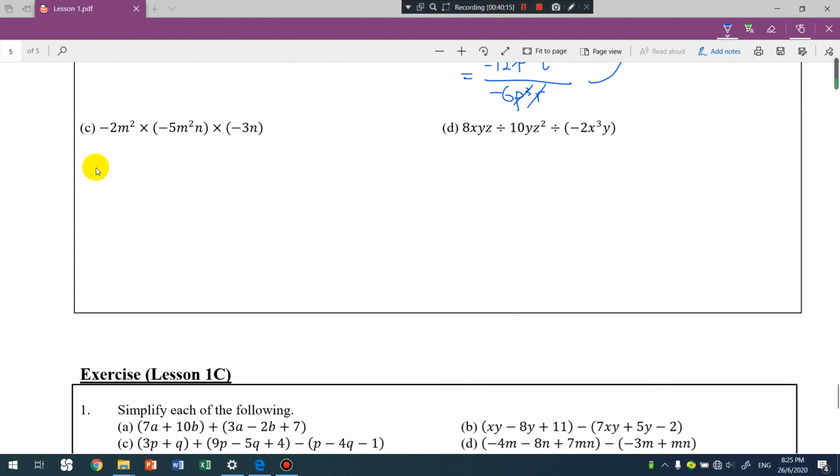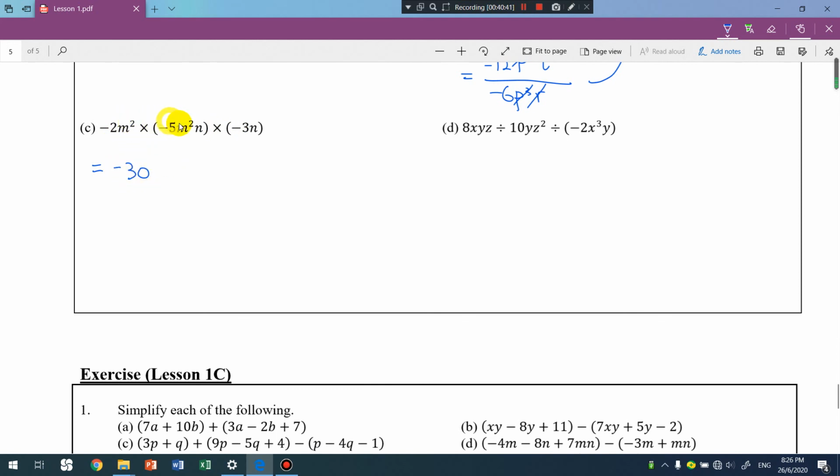Okay, let's go to this one. Oh, all multiply, then it will be easier, right? So press the calculator, negative 2 times negative 5 times negative 3. So you get negative 30. Okay, let me check again. Correct or not? 50, 13, 30. Okay, now we go to m.